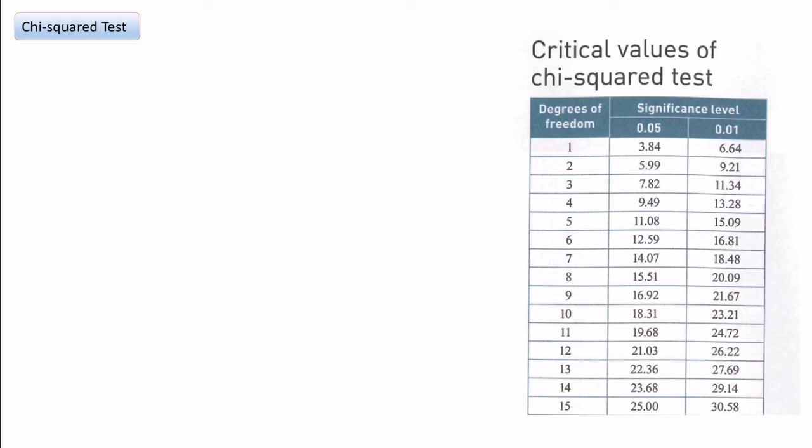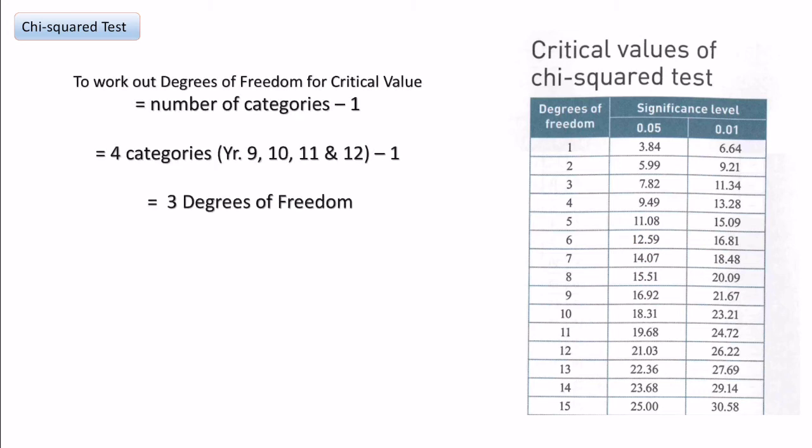What I need for this is one of these critical value tables, and you can find them anywhere. This is the one I'm going to use. I need to work out the degrees of freedom that I compare it to. All that means is I look at the number of categories that I've got, in this case 4 because I did year 9, 10, 11 and 12, and then I minus 1.